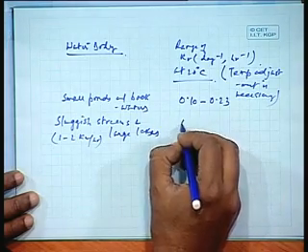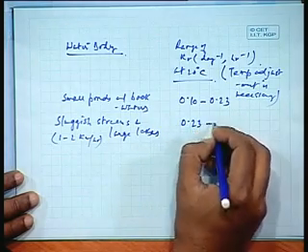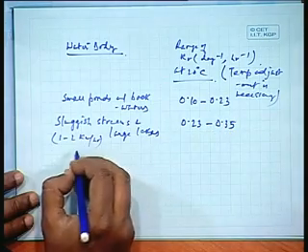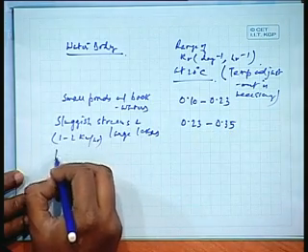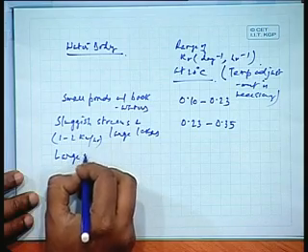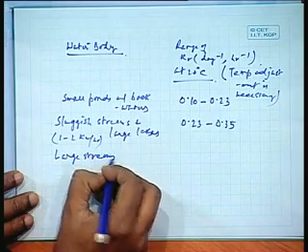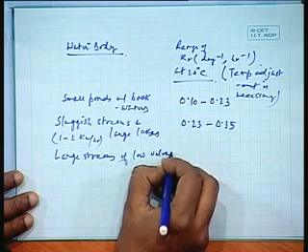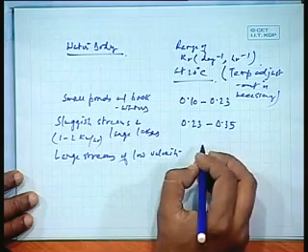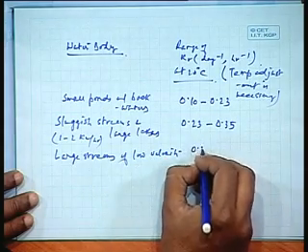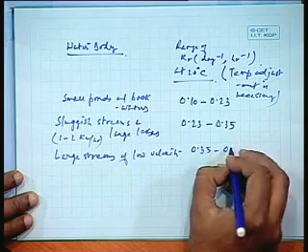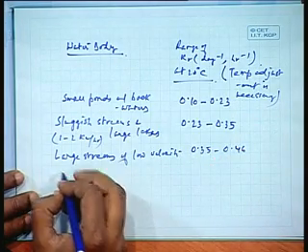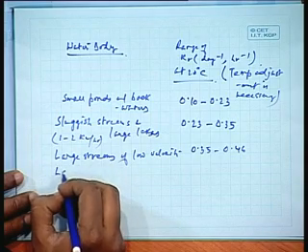So, you can see the value is about 0.23 to 0.35. Large streams of low velocity, 0.35 to 0.46.